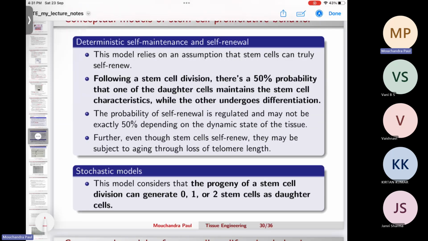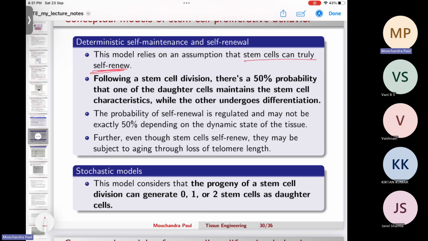Now another model, the deterministic model, is based on the assumption that stem cells can truly self-renew. How? Say one of the stem cells in the reservoir gets activated and starts dividing and forms 2 cells.